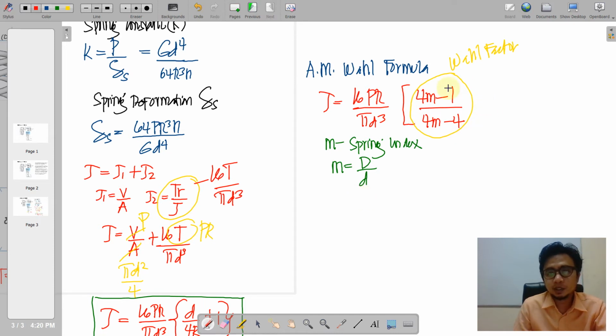So to complete this expression, we must add this constant 0.615 divided by m. So this is a more precise formula for the shearing stress at the spring.